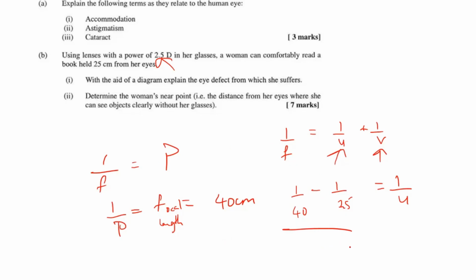All right, so I'm getting that u should be roughly negative 66.6 centimeters.